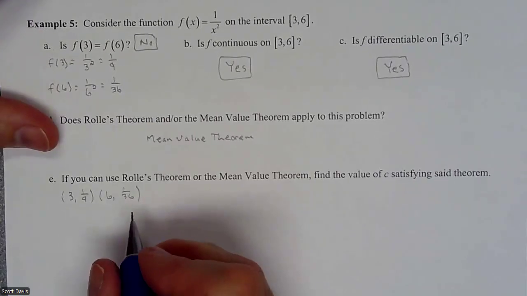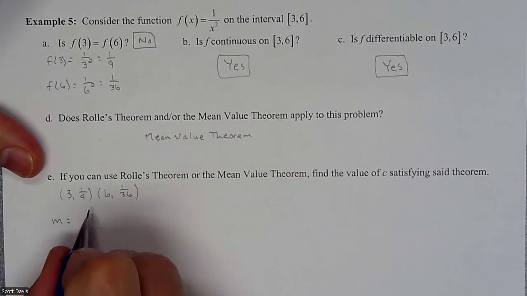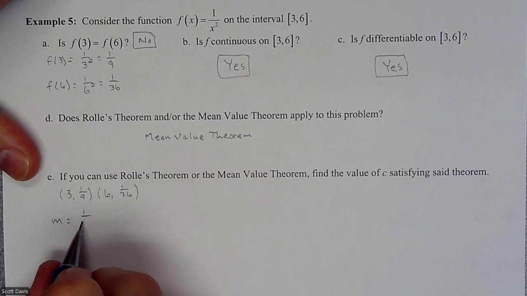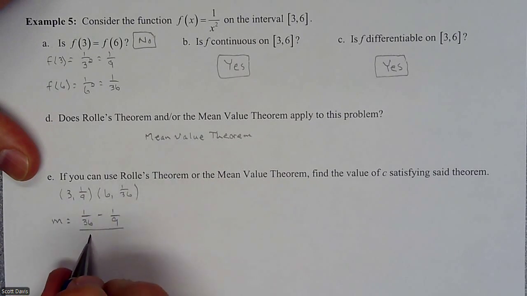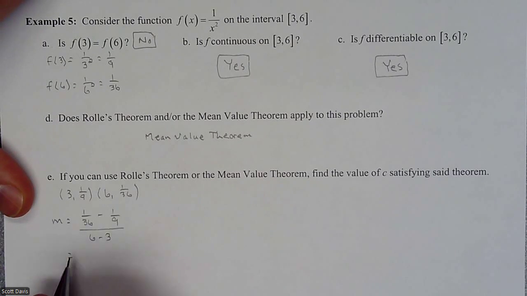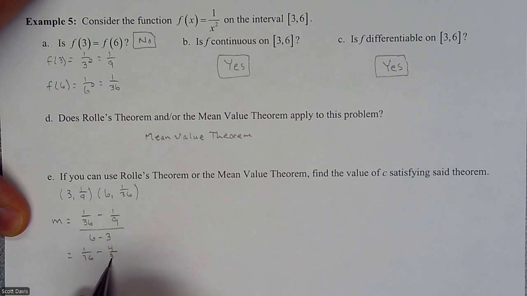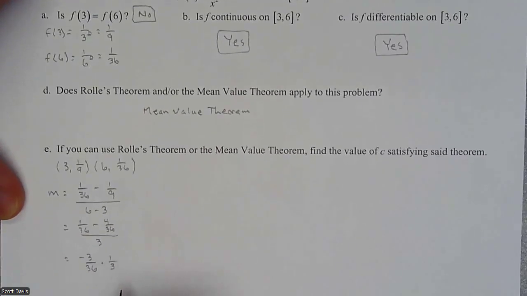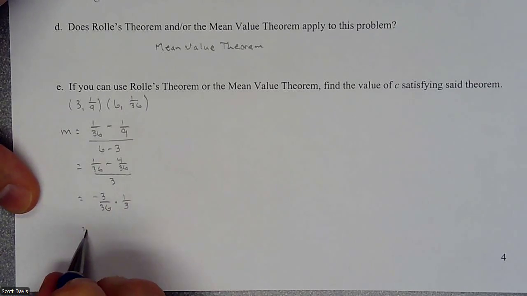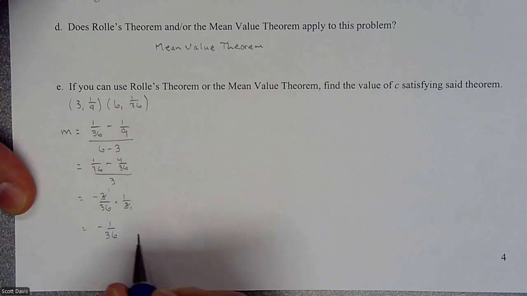The slope is y2 minus y1: 1 over 36 minus 1 over 9, divided by 6 minus 3. With a common denominator, that's 1 over 36 minus 4 over 36, divided by 3. That gives -3 over 36. Instead of dividing by 3, I'll multiply by the reciprocal. The 3's cancel, and we're looking at -1 over 36. There's our slope.